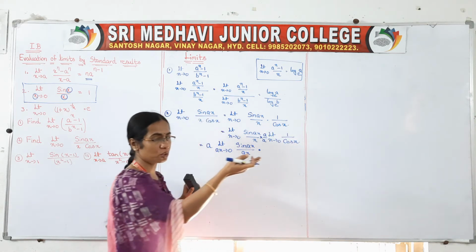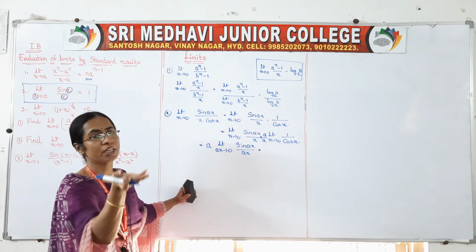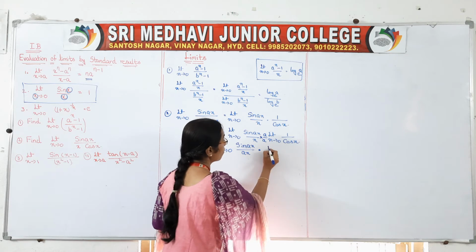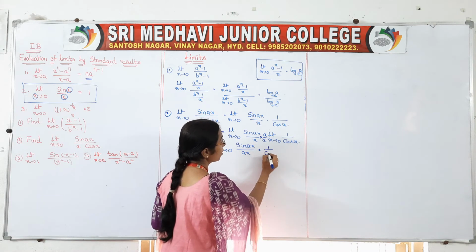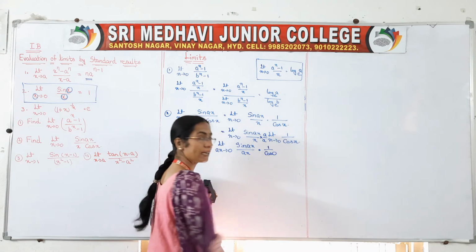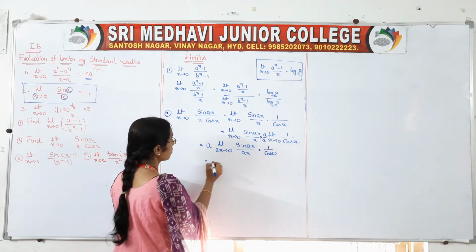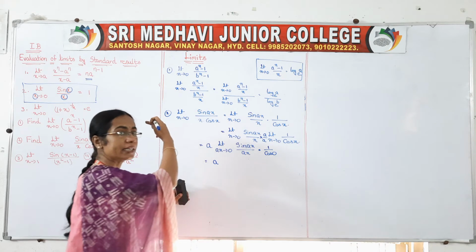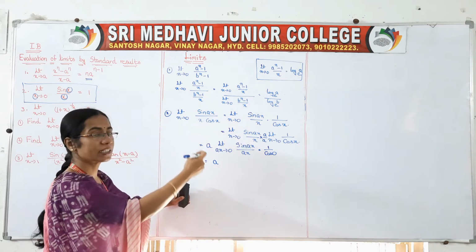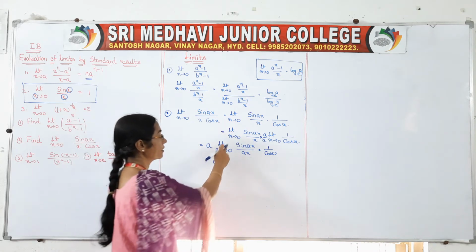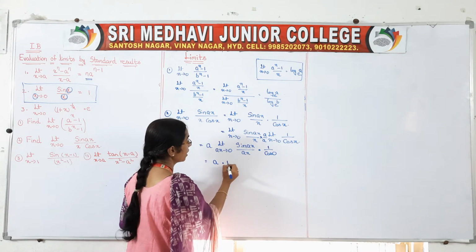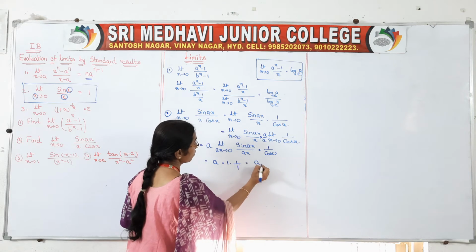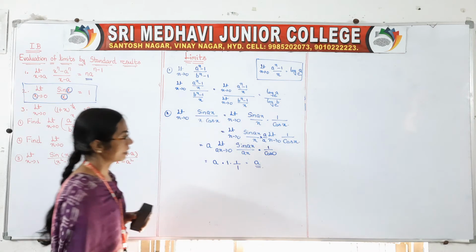If we substitute the x value and a meaningful answer is there, we can go for substitution. So it is 1 by cos 0, which is 1. So it is equal to a into, this is your standard formula, limit x tends to 0 of sin x by x is equal to 1. Same form it is. So it is 1 into 1 by cos 0, which is 1. So your answer is a here.